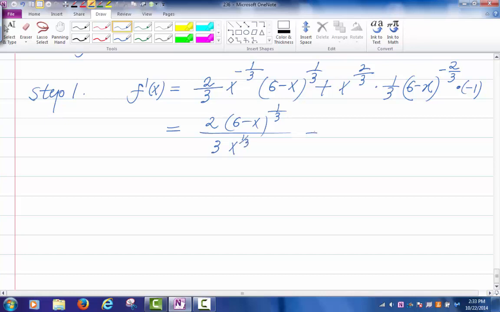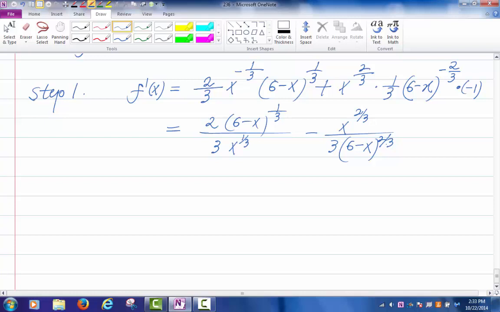The second term would be negative x to the 2/3 divided by 3 times 6 minus x to the 2/3. Is everybody okay with that?